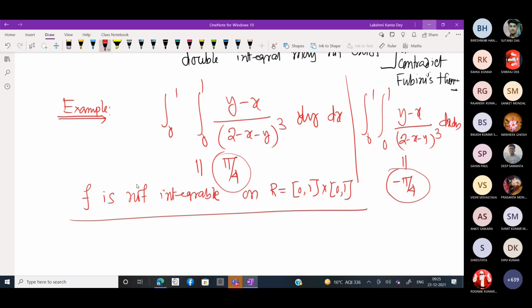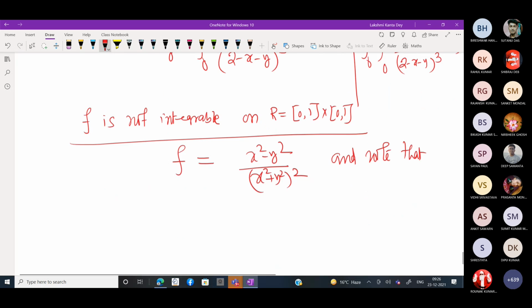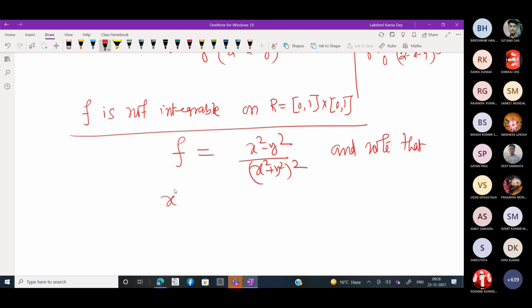If I take a different example, the integrand function x square minus y square divided by x square plus y square whole square, note that this is minus del 2 by del x del y of tan inverse y by x.